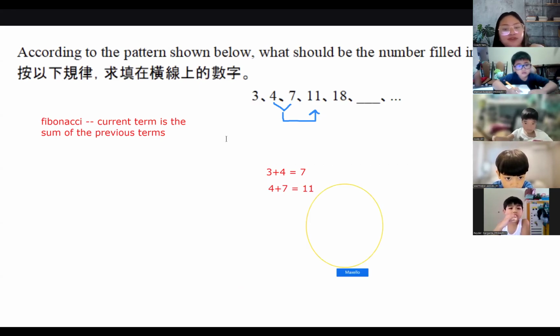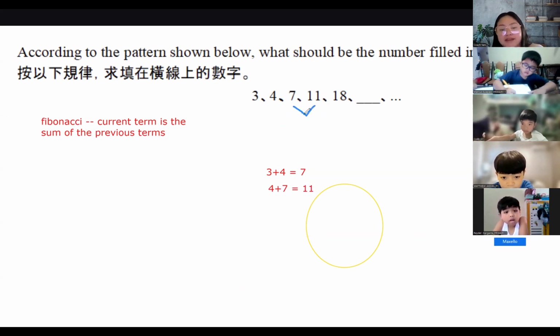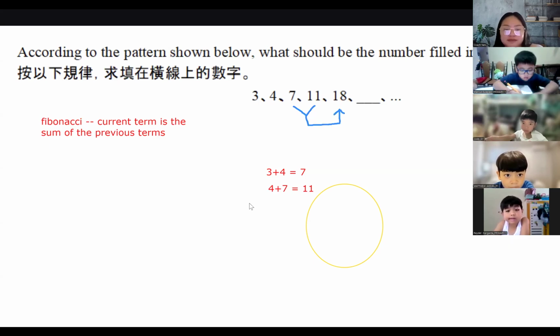And then, to confirm lastly, what's our rule? No annotating, please. Thank you. Okay. To confirm last, you need to confirm the pattern first. You have 7 and 11. If you add that together, that would give you 18. So that's your pattern.